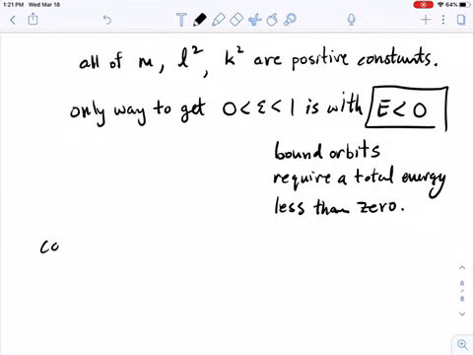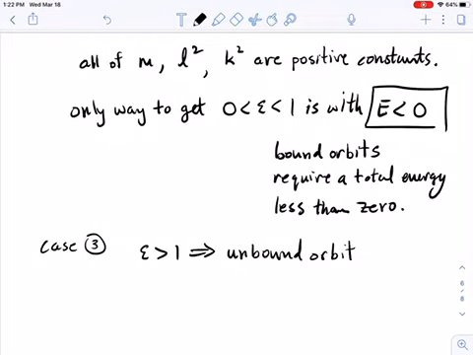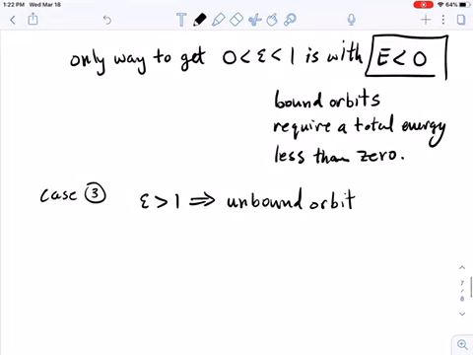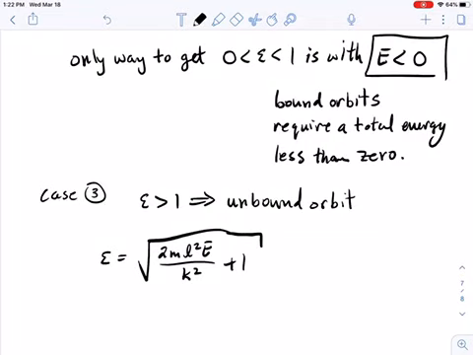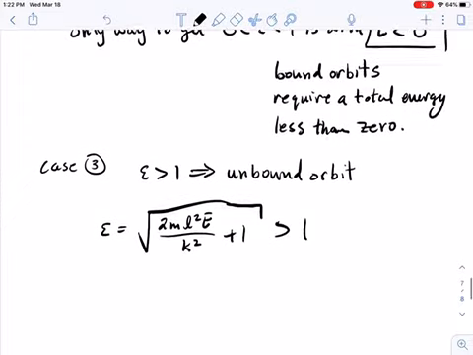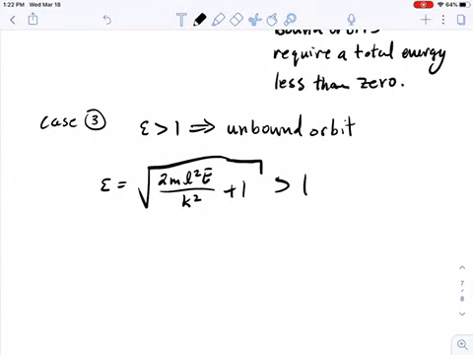All right, case number 3 is, could we have an epsilon greater than 1, which results in an unbound orbit? That's what we saw in the plots we showed at the beginning. Okay, so we write the same expression again. We have a bunch of positive constants times E plus 1, and we want that to be bigger than 1, so E better be positive, so that whatever we're adding to 1 is overall positive.